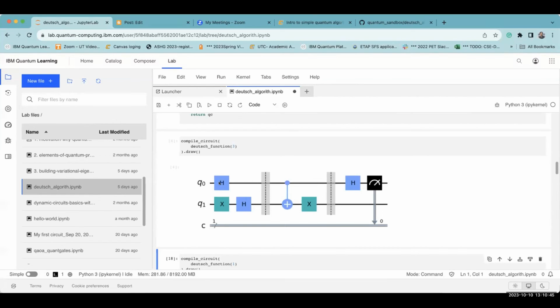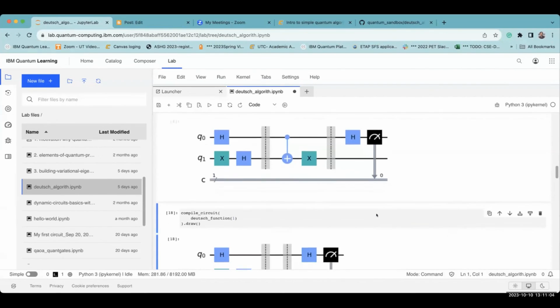So 0, 1, there's an extra gate to flip the bottom qubit into 1, followed by the Hadamard gate. And in between, that will be the Deutsch unitary query gate for function 3, followed by the Hadamard gate and readout.